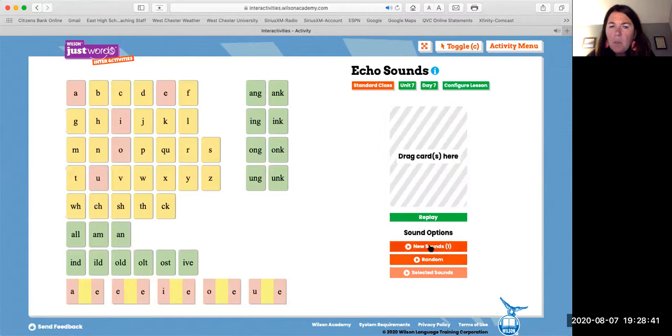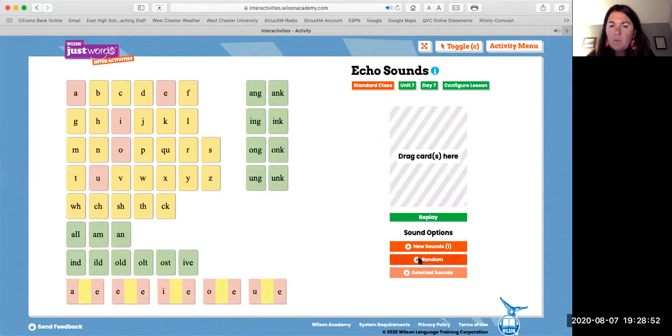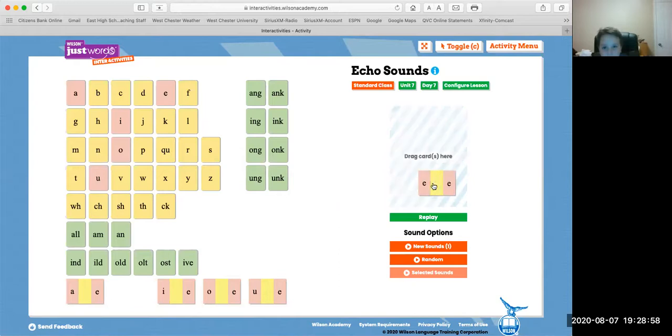Repeat x. What says x? X. Repeat e. What says e? E. Consonant E. Excellent.